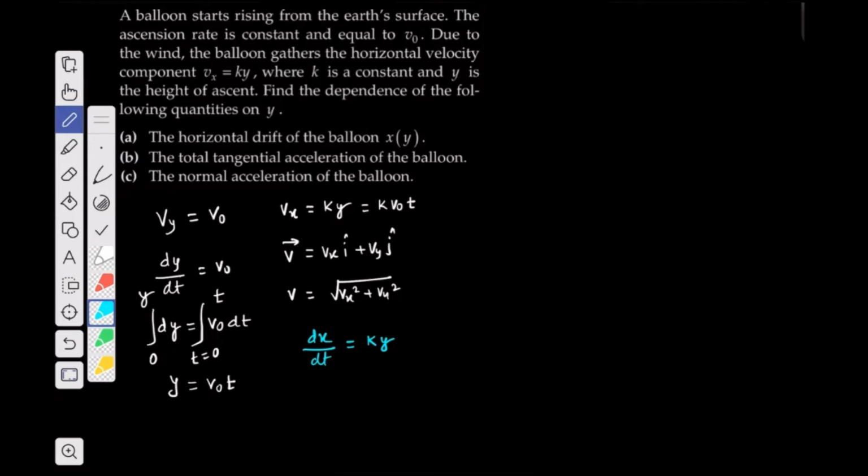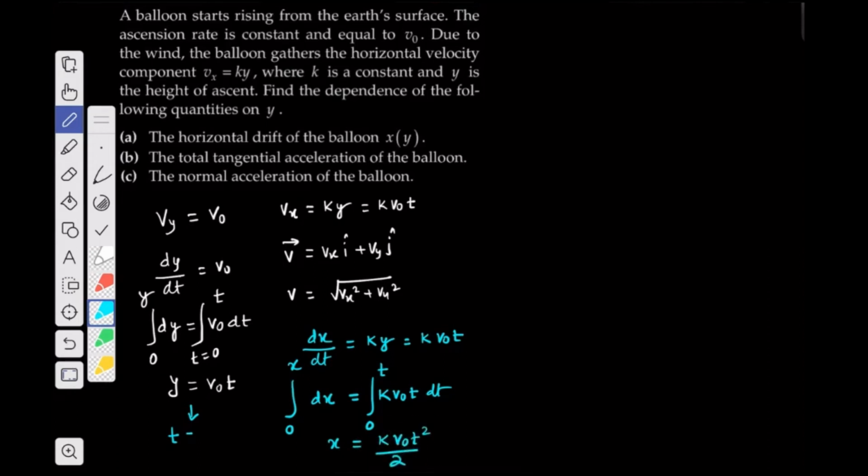So from this equation, y equals v naught t. So what we get is k v naught t. Then it is easy only, dx will become k v naught t dt. Integrate both the sides. At t equals 0, x is 0. At t equals t, the x is x. So we get k v naught into t square by 2.